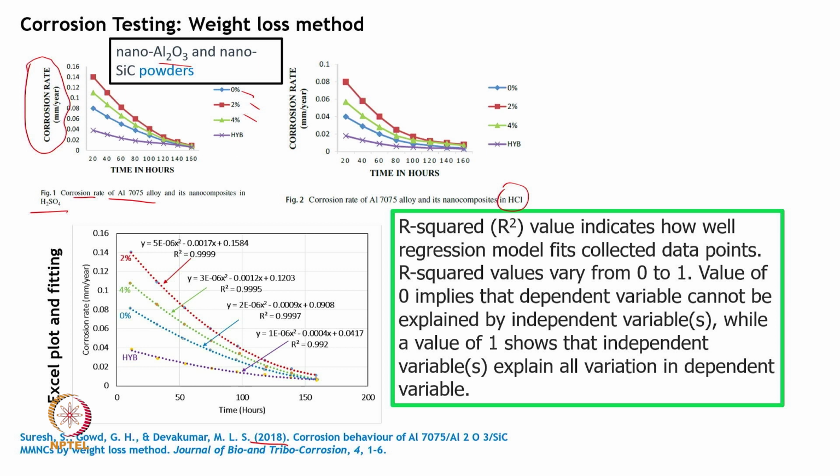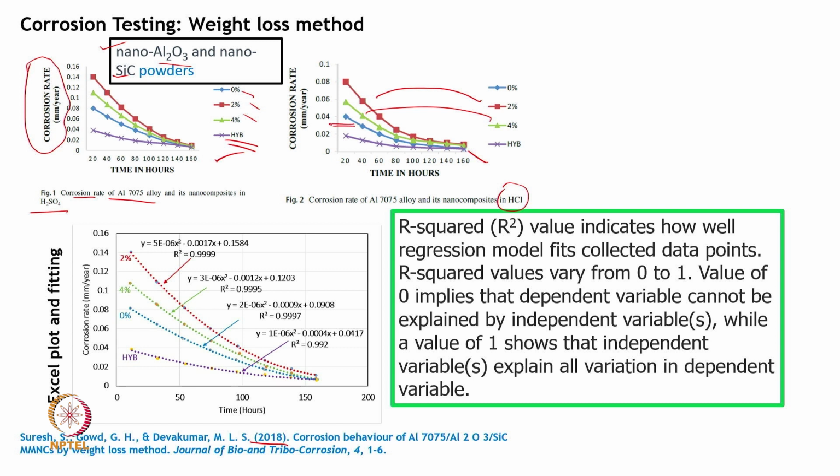This clearly indicates that when we use equal amounts of aluminum oxide and SiC powder, it becomes hybrid, and that gives a low corrosion rate in both sulfuric acid and HCl. While 2% individual is not giving a lesser value, in fact it is giving more, and 4% is also giving a higher value compared to 0%.